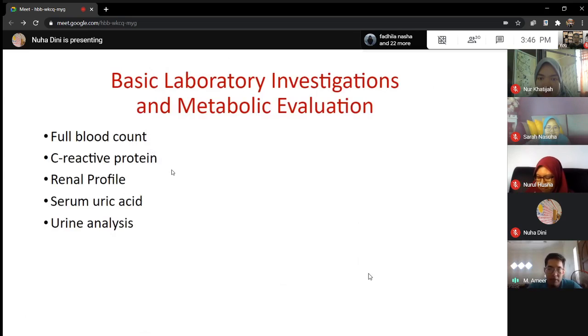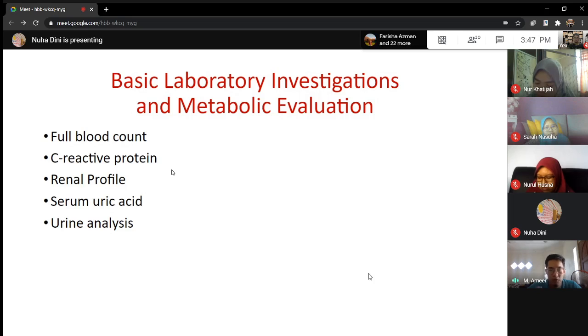Okay, other than imaging, we also do lab investigation and metabolic evaluation in patients that we suspect of having urolithiasis. However, these investigations need to be tailored to the patient's history and physical examination. Among the most common investigations is the full blood count.